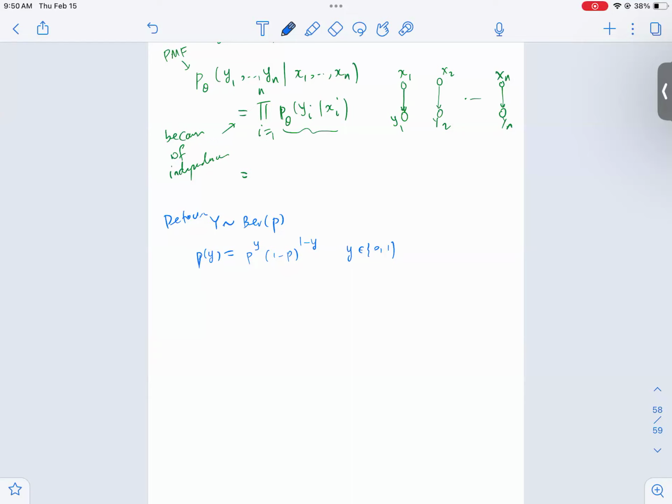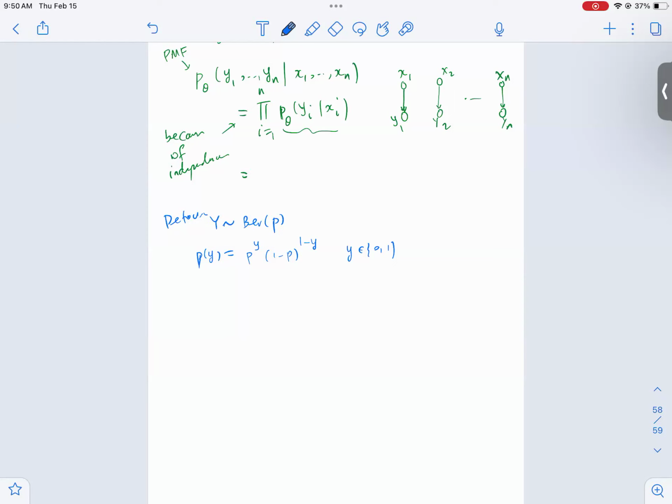If y is 0, the first factor goes to 1, leaving 1 minus p. Is this correct? Yes, it's correct. So compactly, it works. How many people have seen this? Maybe. This is very useful.